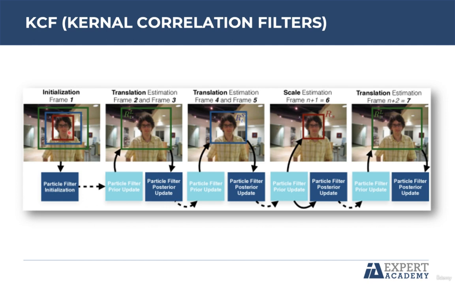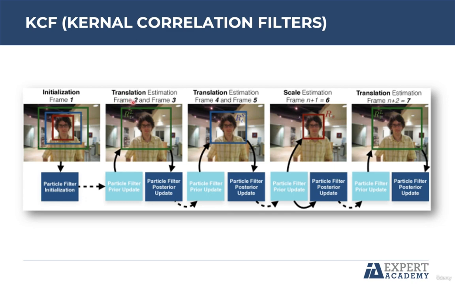For example, the goal is to track this face. So, the algorithm applies a concept called particle filter, as you can read here, and two more large bounding boxes are created to cover a larger part of the image. Here, the blue one, and here the green one.